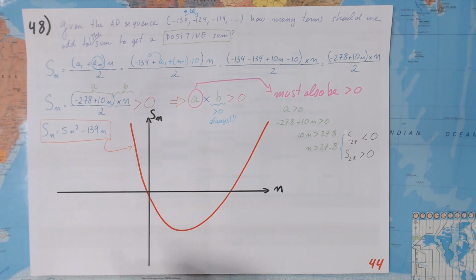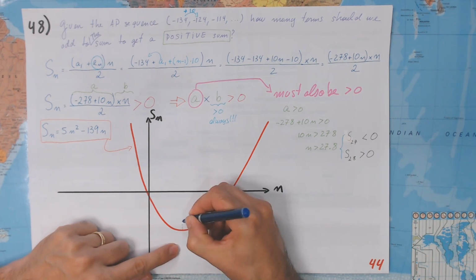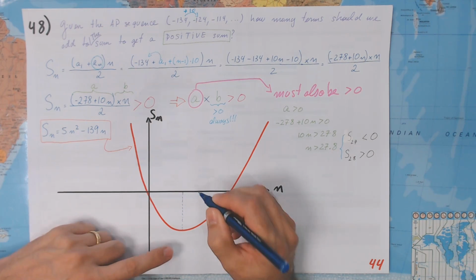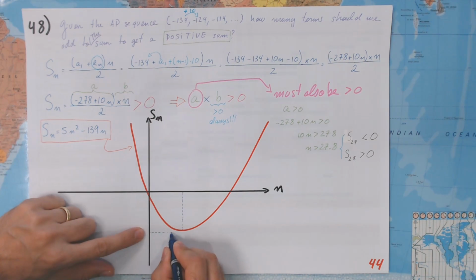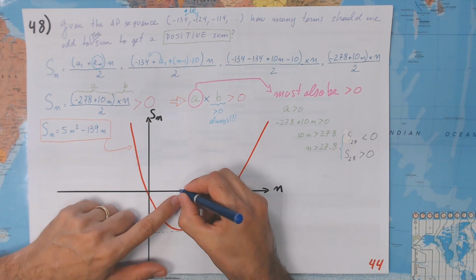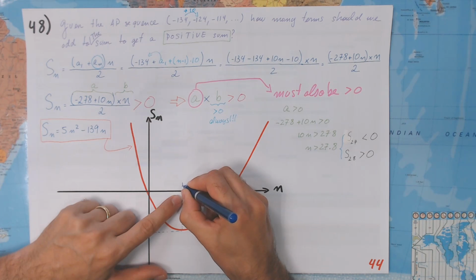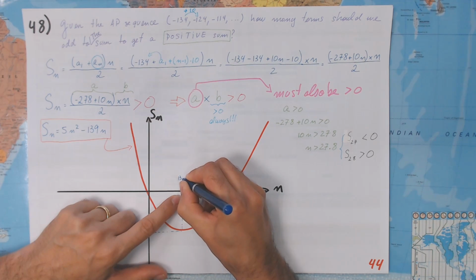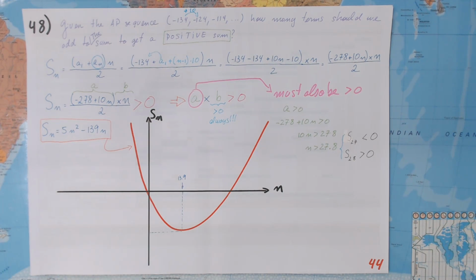okay? Now, what I wanted to show is this. What is going to be this value in here? The maximum negative. Well, the maximum negative, here is going to be 13.9, okay?